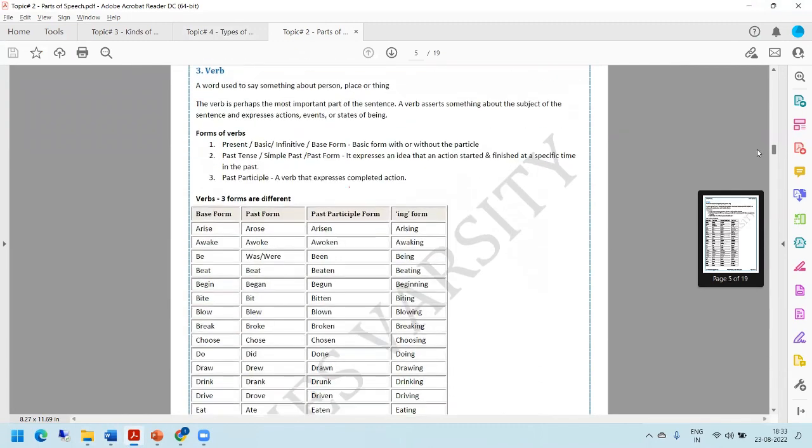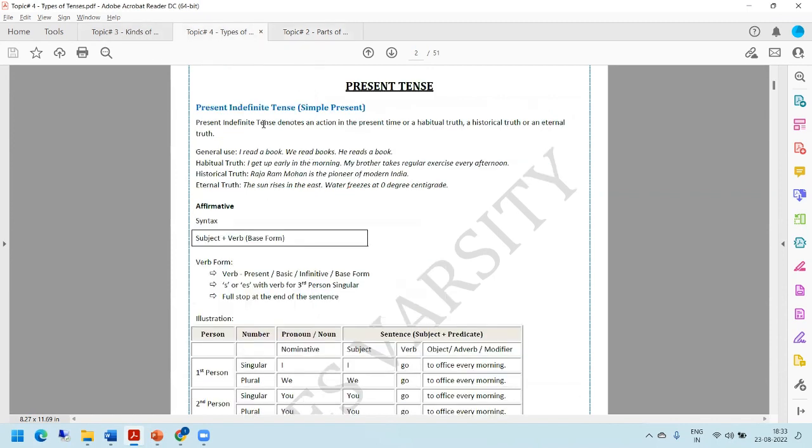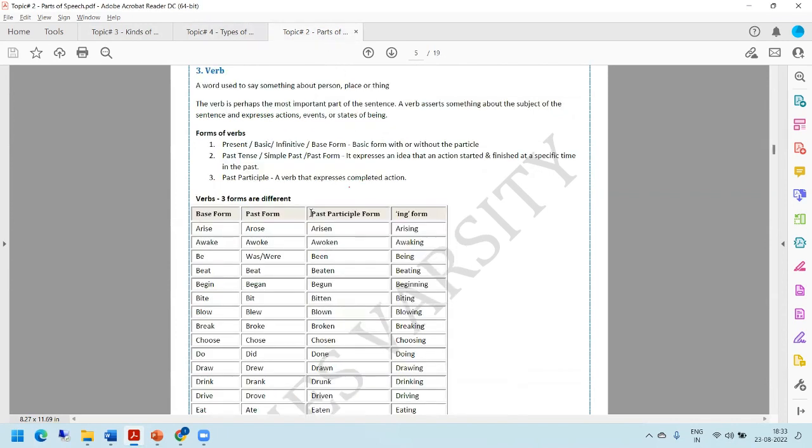The first form is the base form, the second is the past form, the third is the past participle form, and the fourth is the ing form. In the present indefinite affirmative sentence, we have subject plus verb, and the verb is in the base form, that is, the first form.